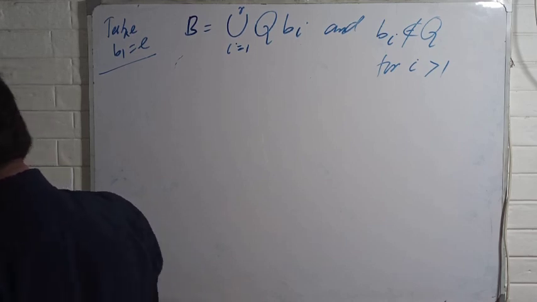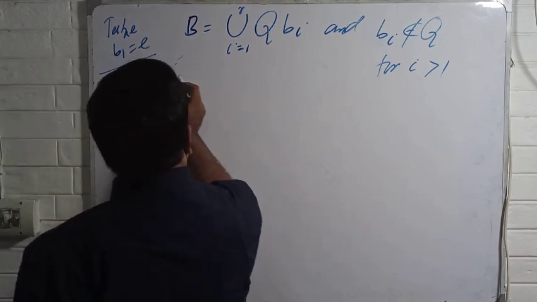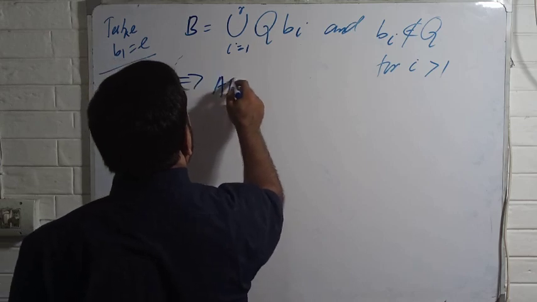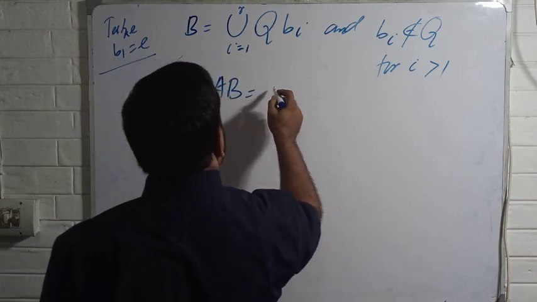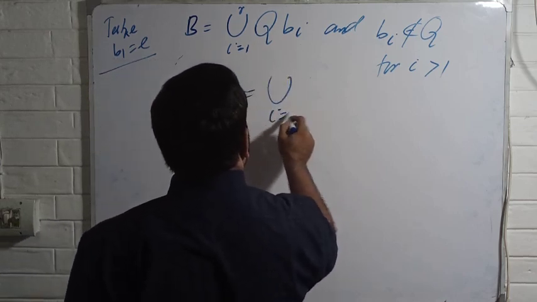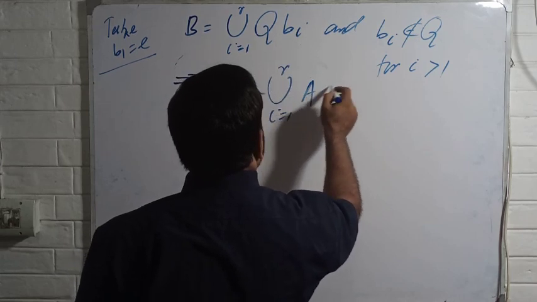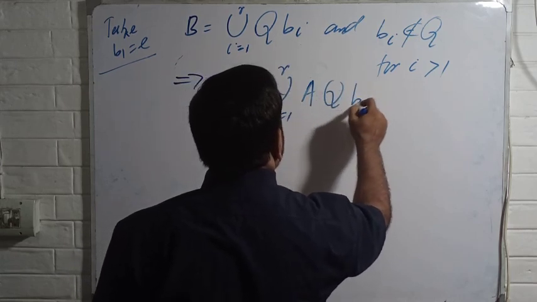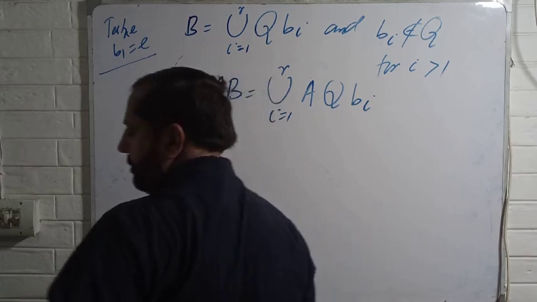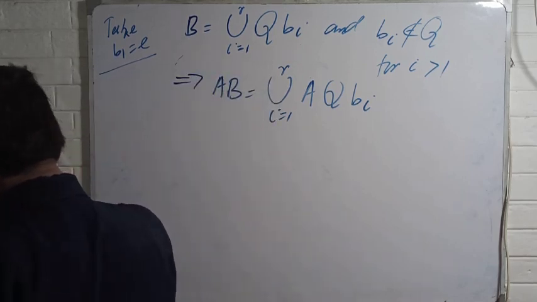But then what happens? Then AB would be equal to the union of i from 1 to R of AQBi, right?